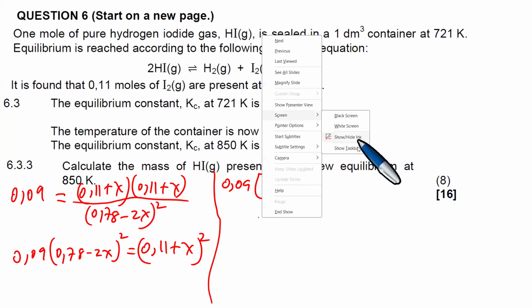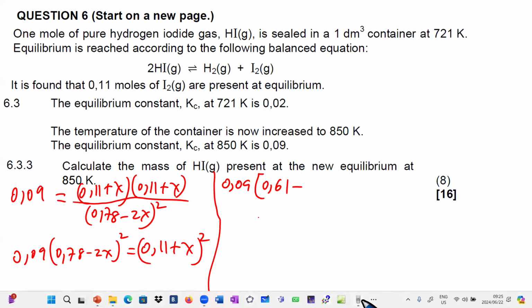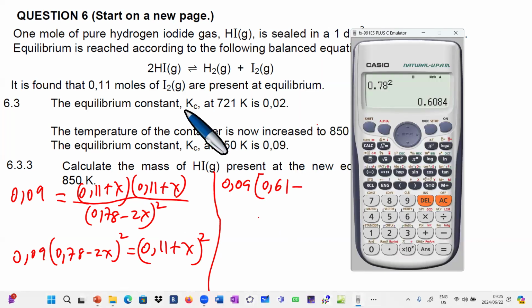Try to be a little bit faster to do this one here. Okay, let's just do it. This exam was June. So it's 0,78 times minus 2 times 2.